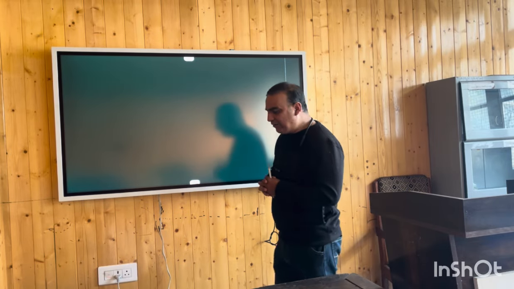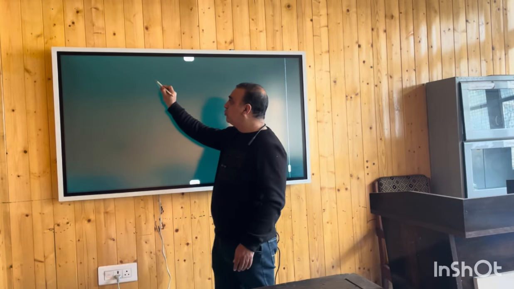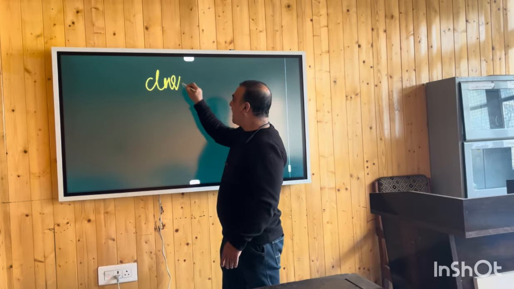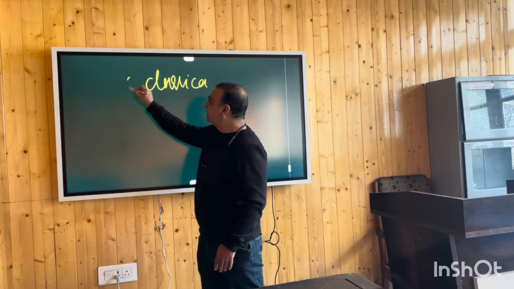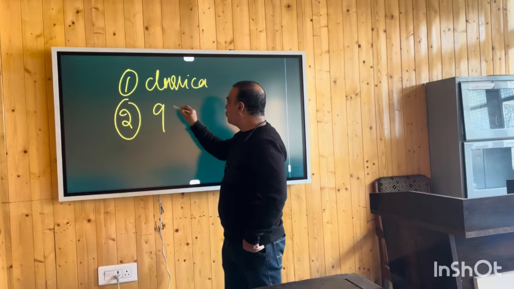So to begin with, suppose I am the one trying to understand the two frameworks, and I would like to have two characters. Character 1 I will name Classica, and character 2, for example, Quanta.